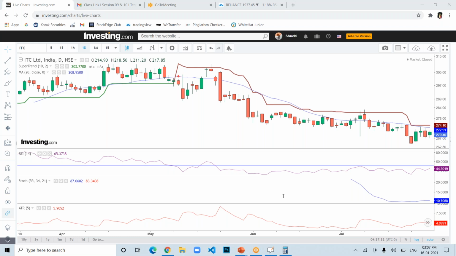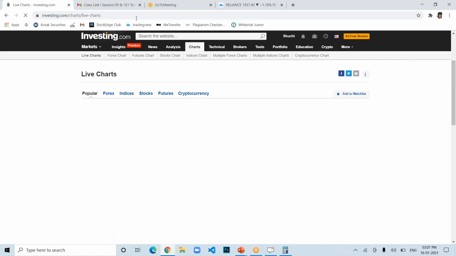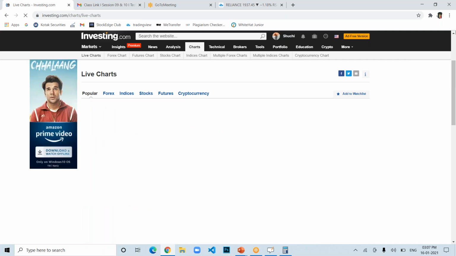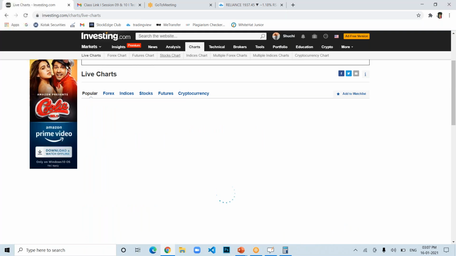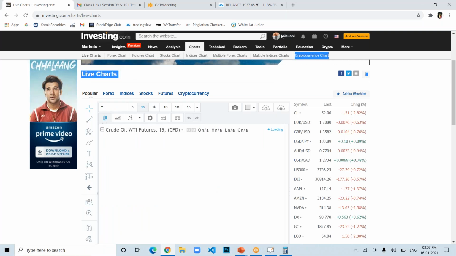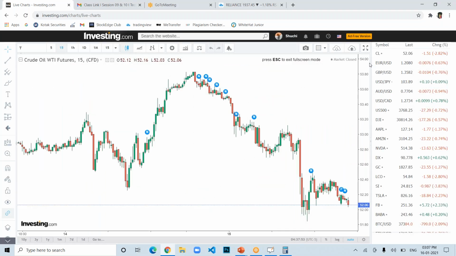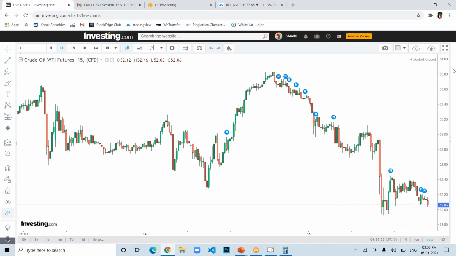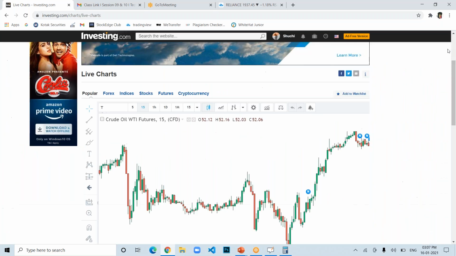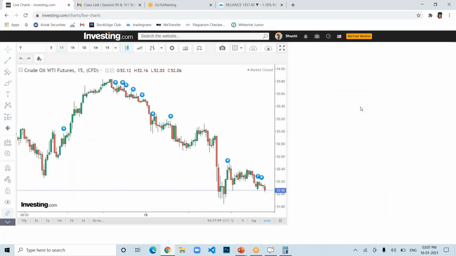And then once your analysis is done, once you have a view in your mind, then you will think of strategizing it better through options. Just because you want to trade in options doesn't mean that your analysis will differ.